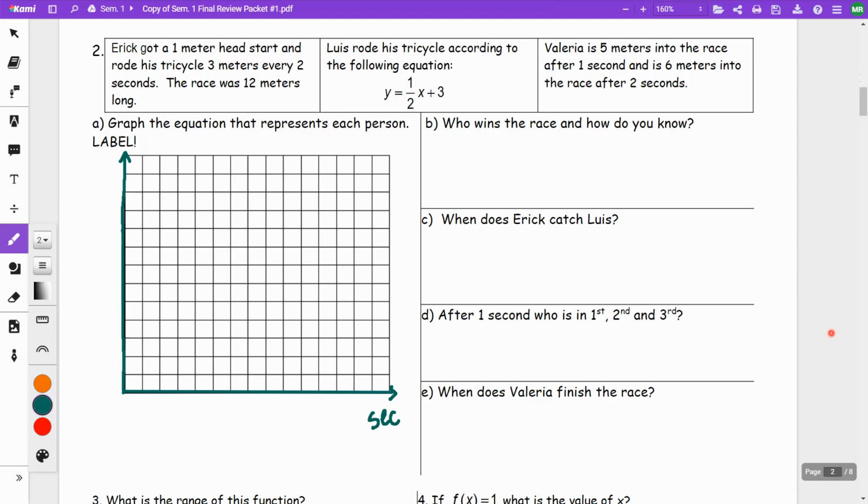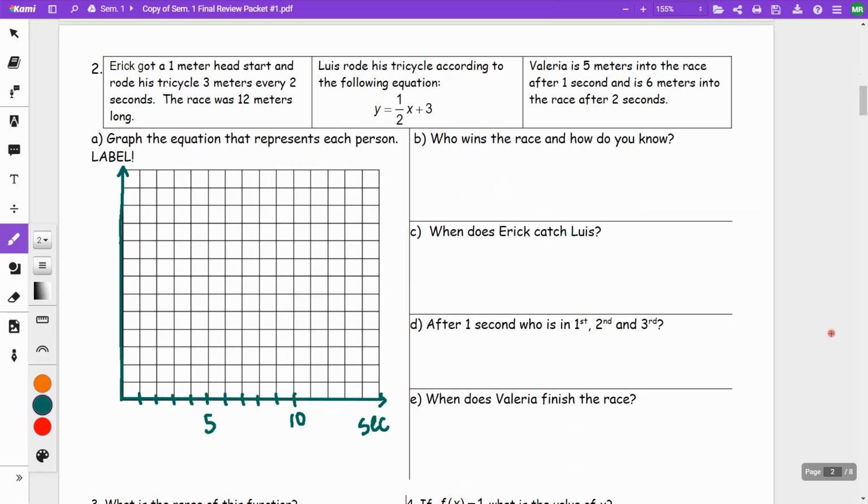So I'm just going to go 1, 2, 3, 4, 5, 6, 7, 8, 9, 10. The Y axis is going, so let me just finish, 11, 12, 13, 14, and this is going to be 15.